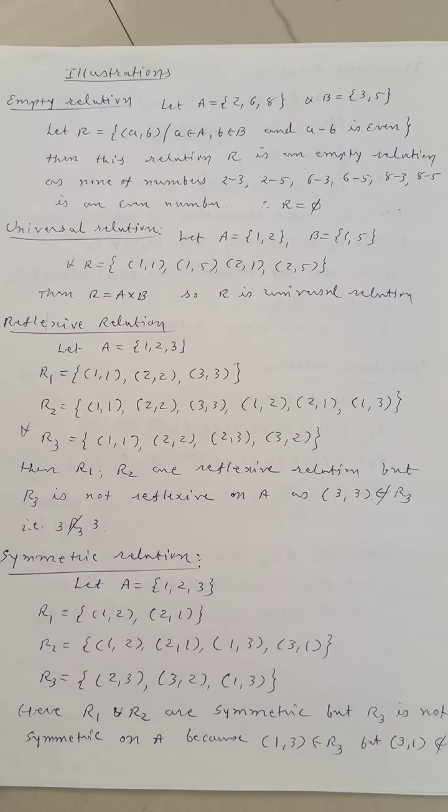Let's start universal relation. One example I choose for universal relation. Let A be {1, 2} and B be {4, 5}. Suppose you write set R as (1,1), (1,5), (2,1) and (2,5). What can you say here? Is R equal to A cross B?